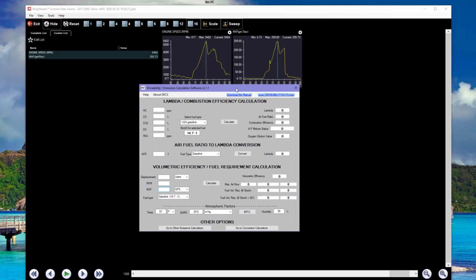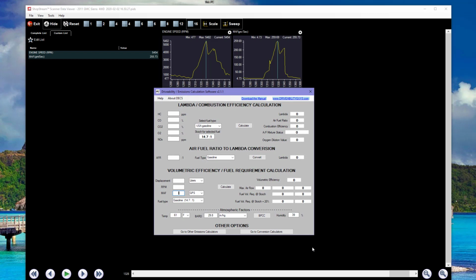Okay, this is some data from the test drive. Get this filled in. It was 39% humidity, 29.8 inches of mercury. As far as my barrel, it was 61 degrees Fahrenheit. My displacement is 5.3.